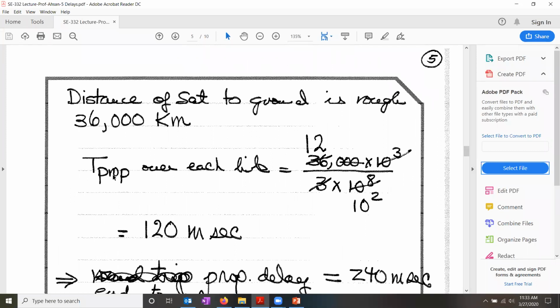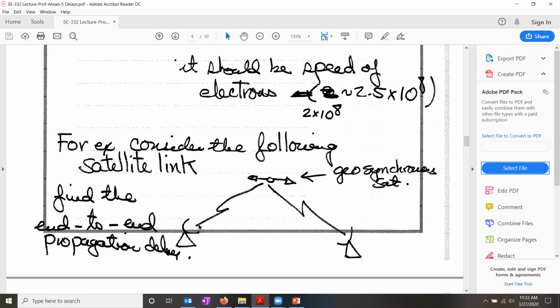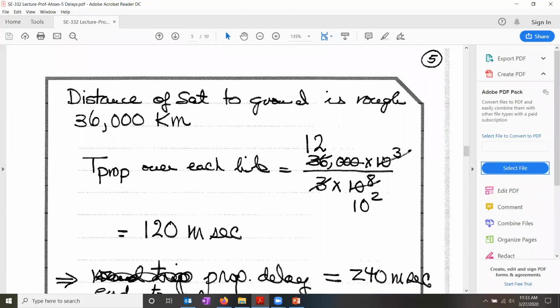What is the propagation delay formula? Length of the link. In this case, the length of the link from the sending end to the satellite is 36,000 kilometers. 36,000 multiplied by 10 raised to the power 3 gives us meters, divided by the speed of light, 3 into 10 raised to the power 8, we get 0.12 seconds, or 0.12 seconds multiplied by 1000, 120 milliseconds.